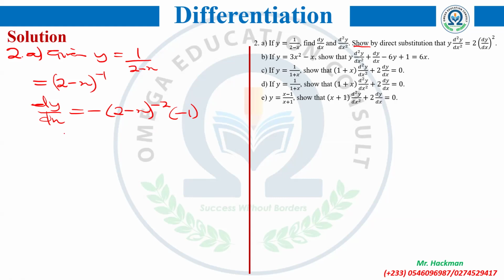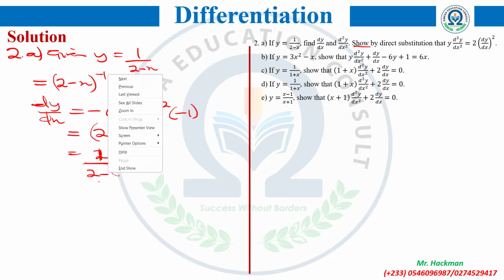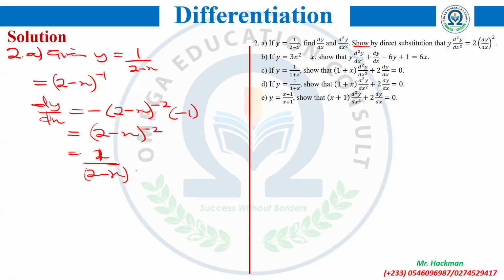So in effect, the negative and the negative will multiply. So I will get positive (2 minus x) to the power -2, which is the same as 1 over (2 minus x) all squared. All correct.